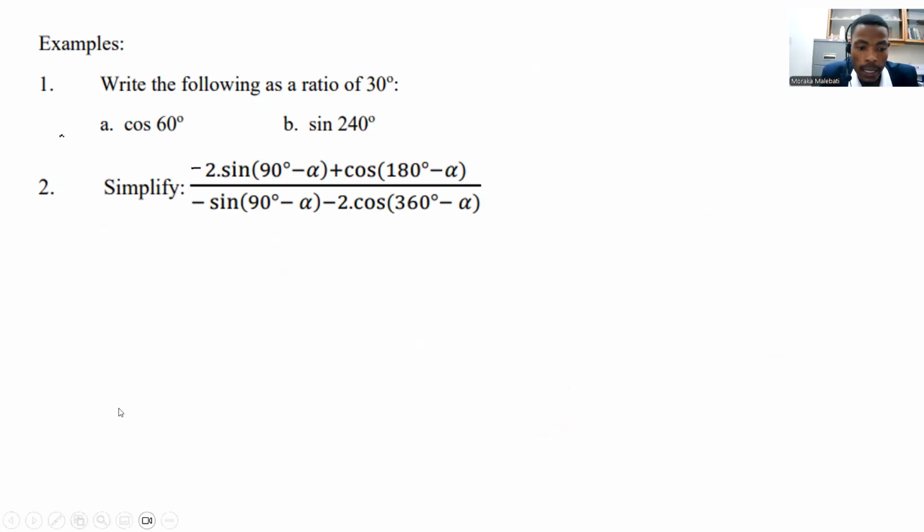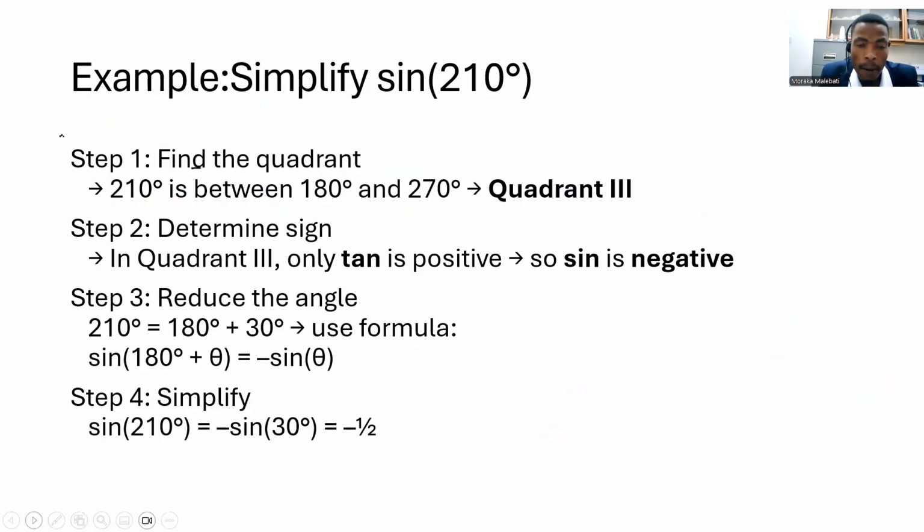Now, examples. This is towards the end of our lesson. For example, simplify 210. Just combining everything together, you find the quadrant. 210 is in the third quadrant, and in the third quadrant sine is going to be negative because only tan is positive.